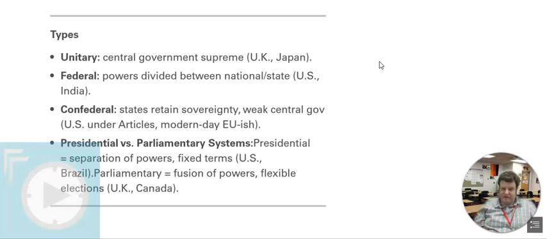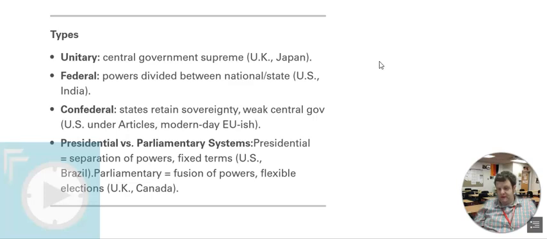We've mentioned confederacies before, and this is where the states or the parts of the country have most of the power and the central government is quite weak. Probably the best modern day example is the European Union. The European Union is a multi-nation government organization. However, most of the matters handled in the European Union are handled at a lower level.